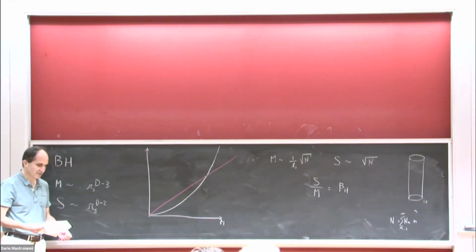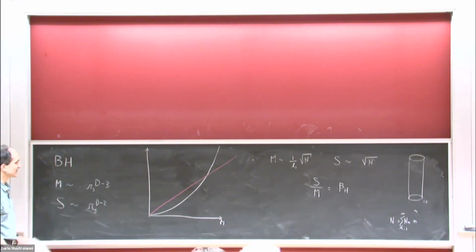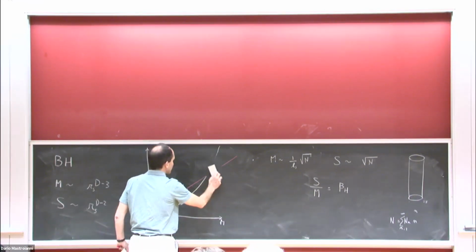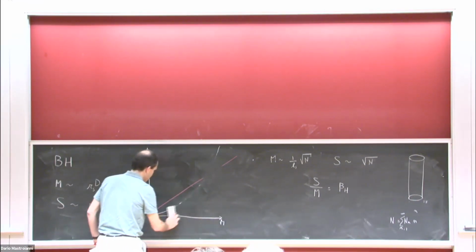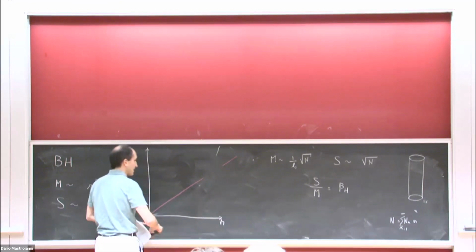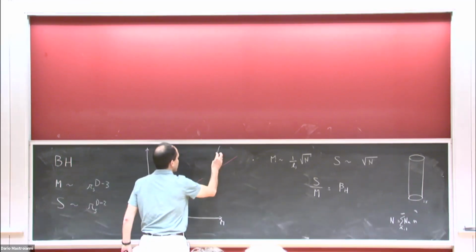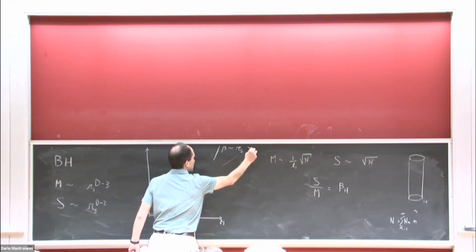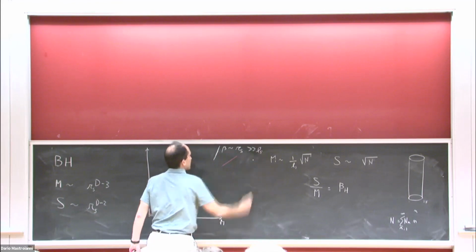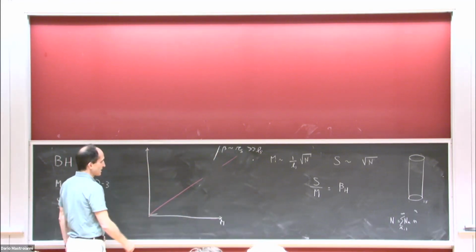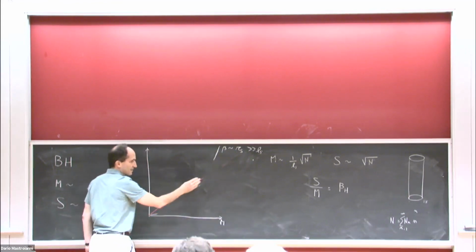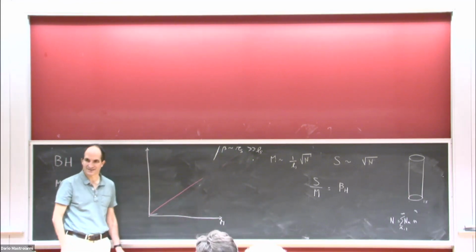Now, this argument is not really correct because we can only trust the black hole for very high inverse temperatures. So when beta, which is proportional to the Schwarzschild radius, is much bigger than the string length. And similarly, we can only trust the entropy of the string when the mass is small enough so that it doesn't form a black hole.